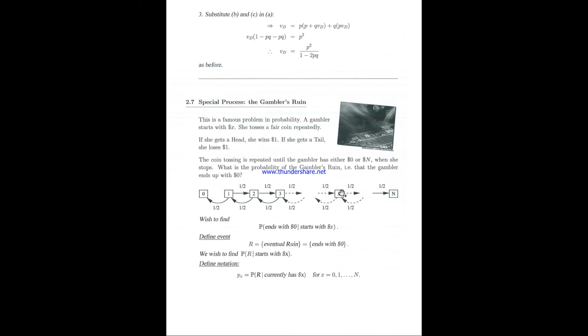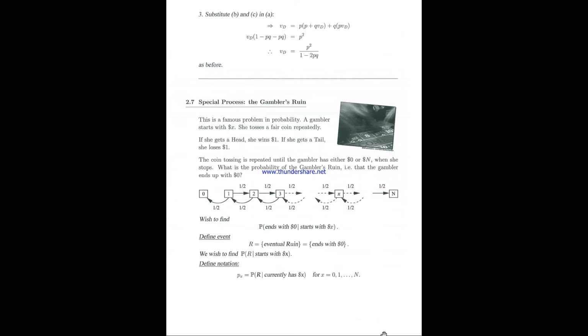So when you are in state X, you have two first steps: you can move to state X plus 1 or to state X minus 1. Our problem was to find the probability that you end up with 0 starting with X amount of money, that is the eventual ruin.